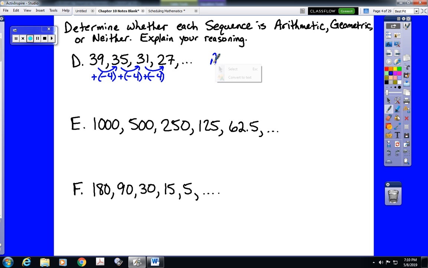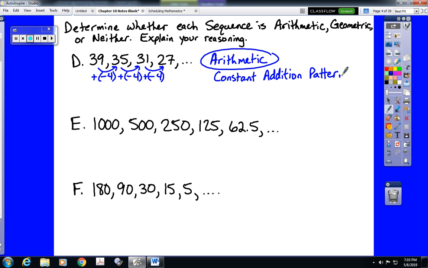So this is an arithmetic sequence because we have a constant addition pattern. Subtraction is just adding a negative number. So if we have a constant subtraction pattern, that would also fit the arithmetic description.